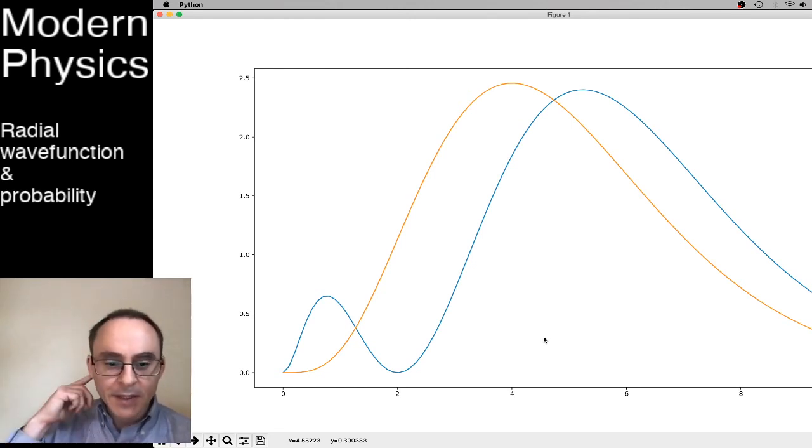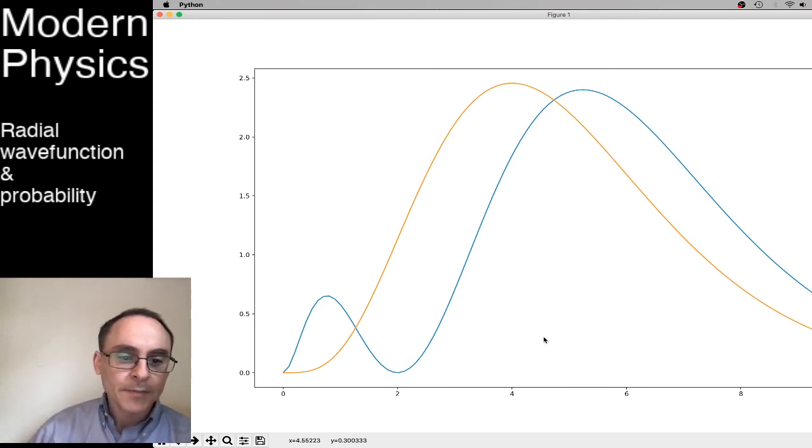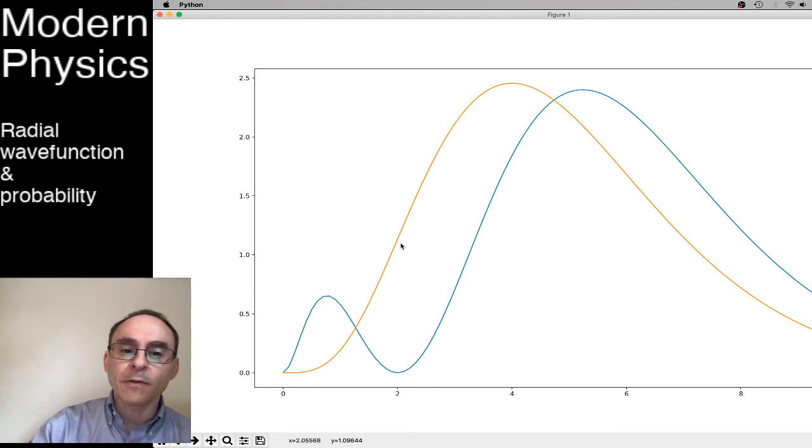But this kind of stuff has important consequences for chemistry, because this means that electrons in a 2p orbital, if you have a multi-electron atom with electrons in both of these orbitals, that means for the 2s, there's some probability, or another way of thinking about it is some fraction of the time, the 2s electron is actually inside the 2p electron.